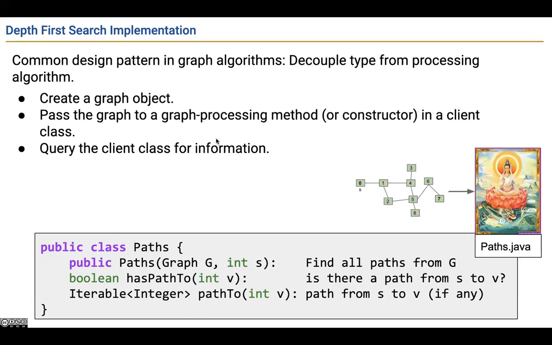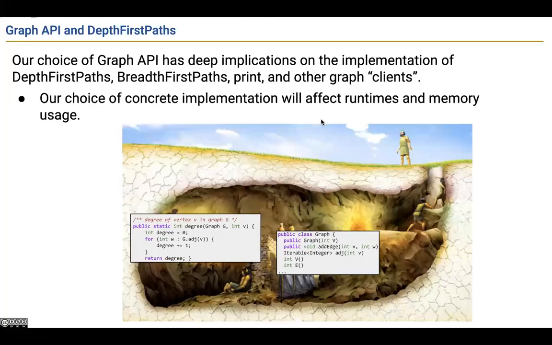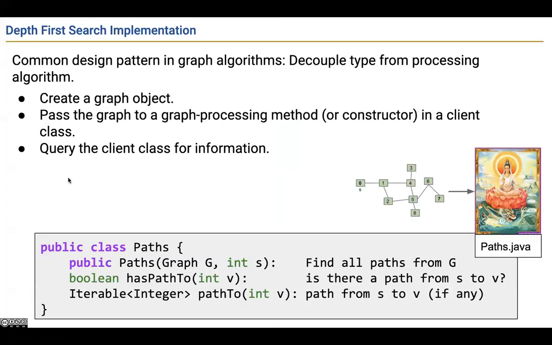Before we get to that, one other thing to think about is how you represent this depth-first paths thing. The idea that the Princeton algorithms library uses, but you don't have to use, is to build a new separate class that represents depth-first paths.